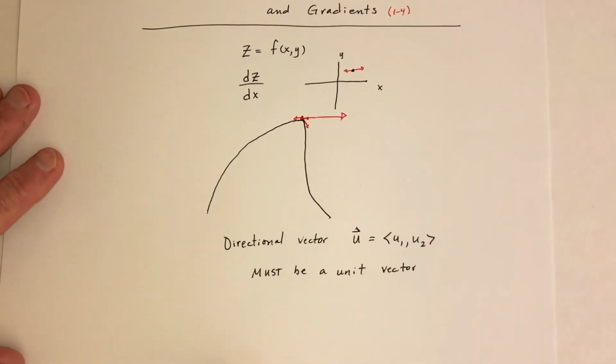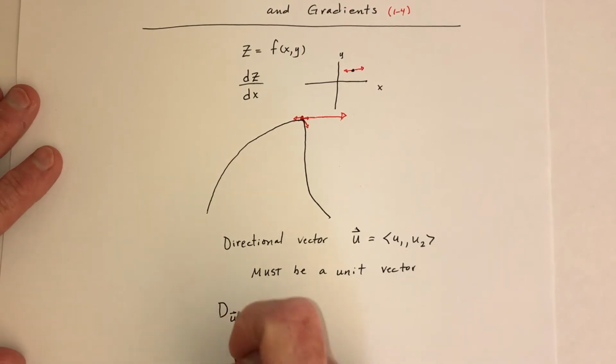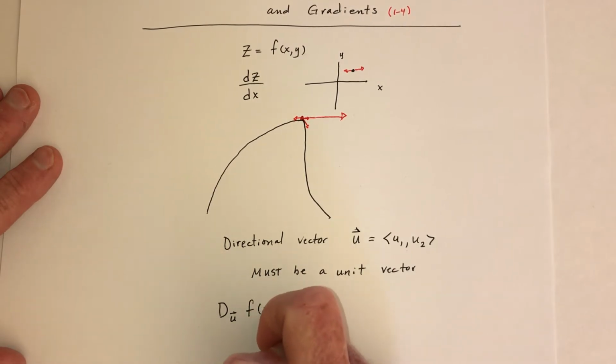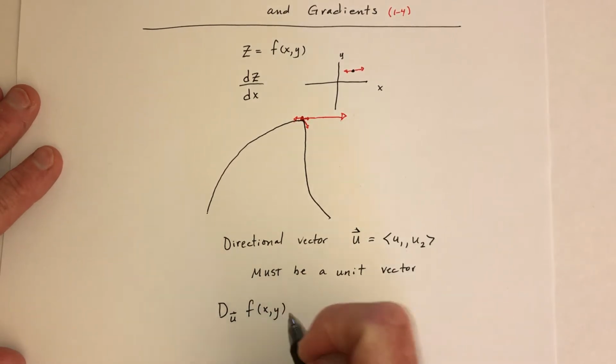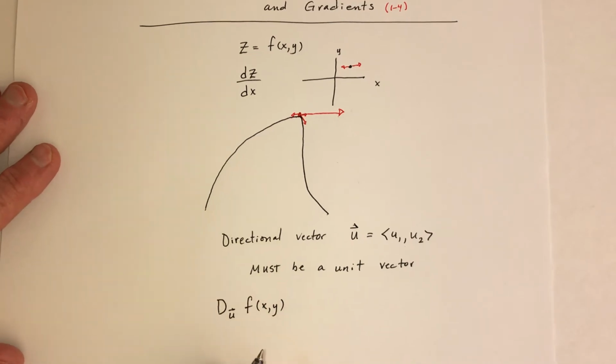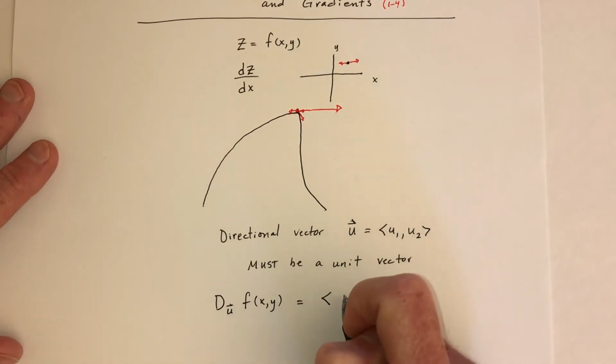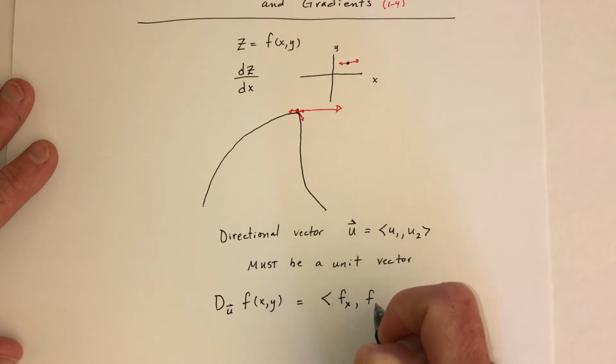Okay, once you have that unit vector, then here's how you find the derivative. So first of all, we use d for the derivative. u will tell you the direction to go, and then we would have the function. So this is just the notation to say take the directional derivative. Now the way you actually do it is you make a vector out of the derivative with respect to x, comma, the derivative with respect to y.